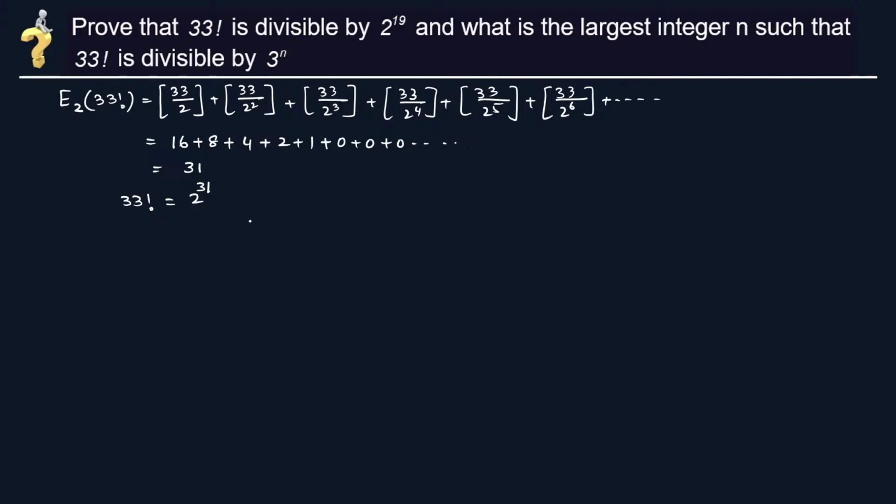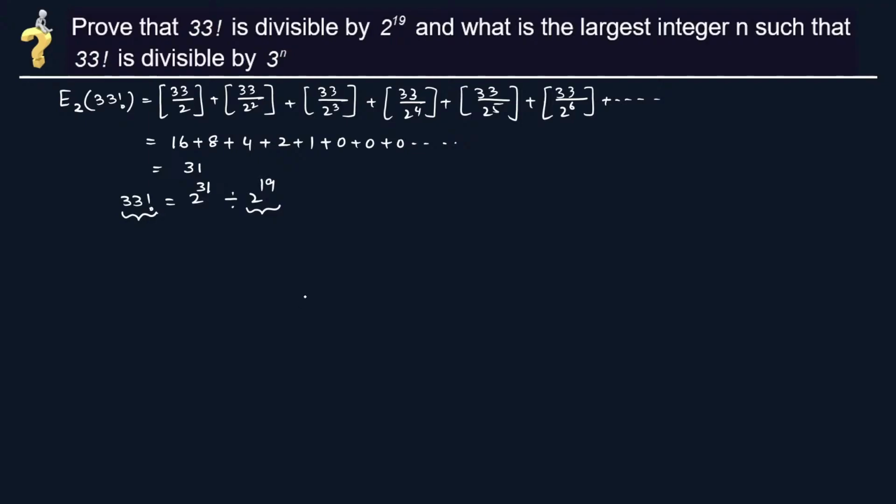So it can be easily seen, since factorial 33 has 2 to the power 31, it is definitely divisible by 2 to the power 19. No question about it. Is it clear to all of you? Yes or no? Hence, we have proved that factorial 33 is clearly divisible by 2 to the power 19.